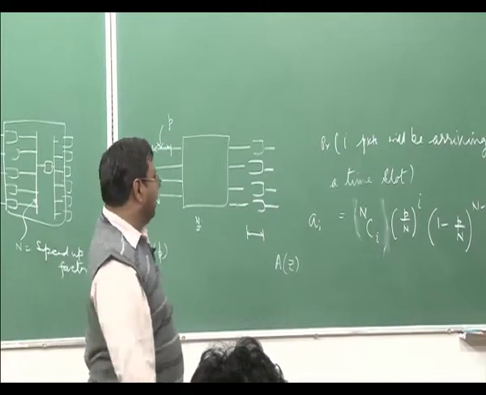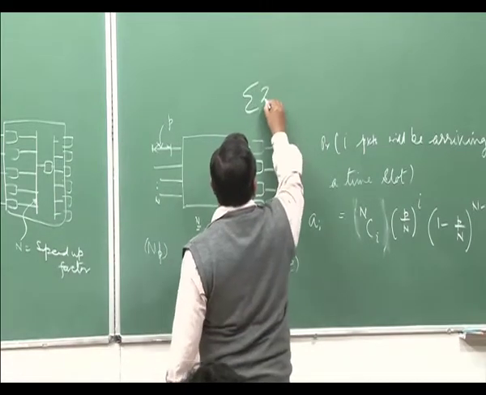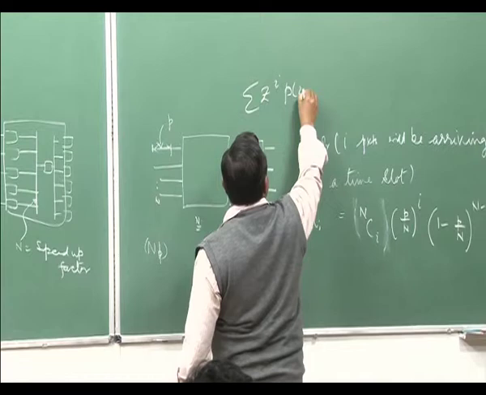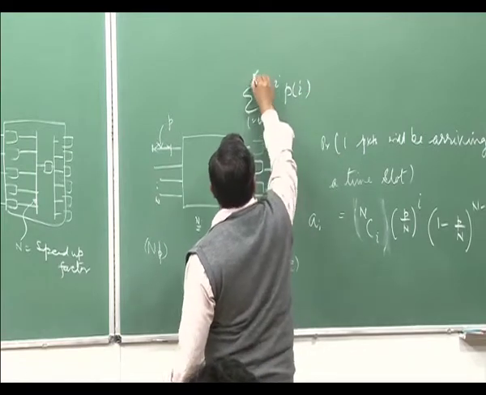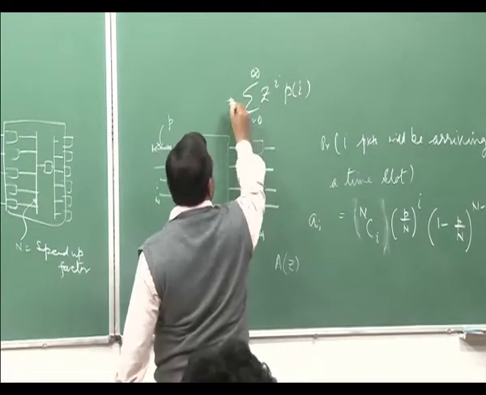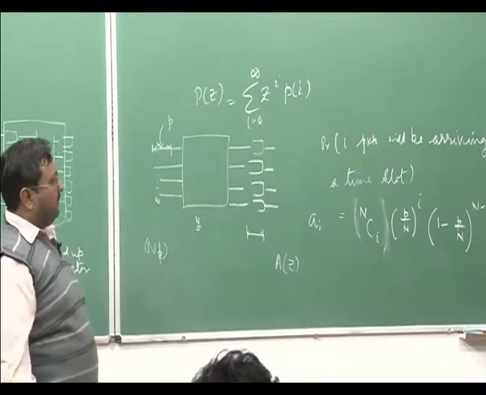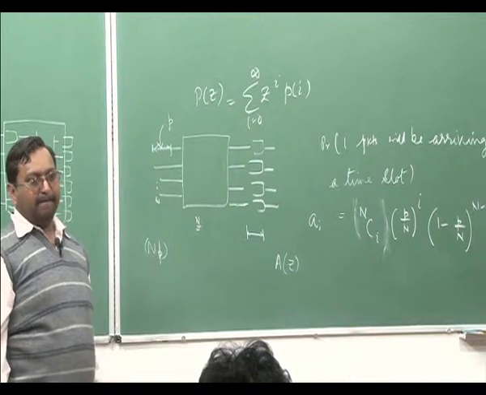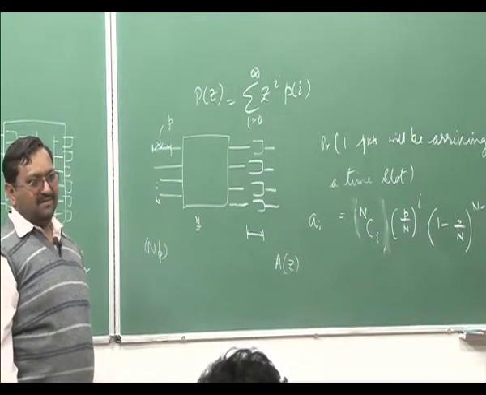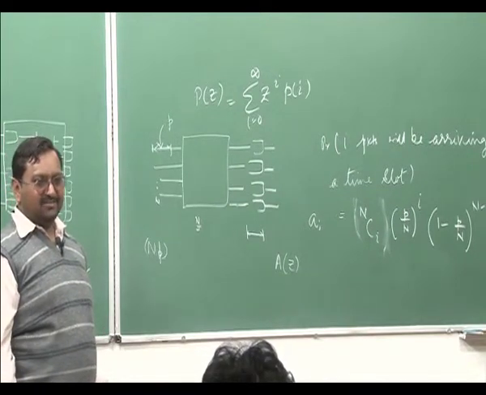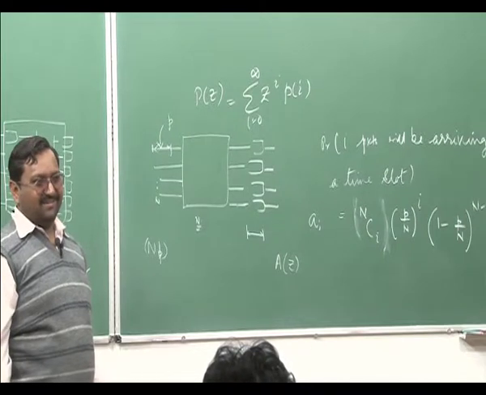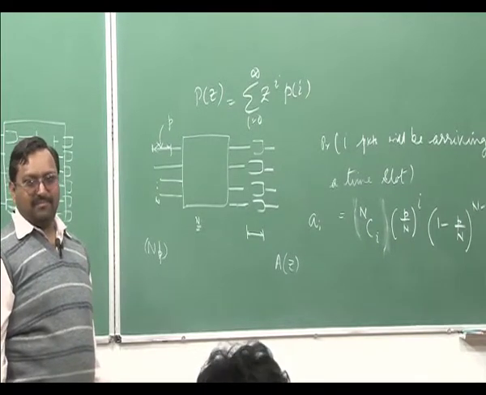The probability generating function is usually defined as the sum of z raised to power i, probability of i, where i goes over whatever are the valid values, that will be your P of z. Okay, that is a PGF. It is like Z transform, honestly speaking.